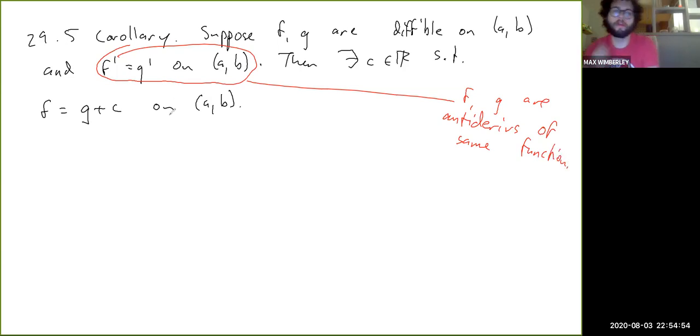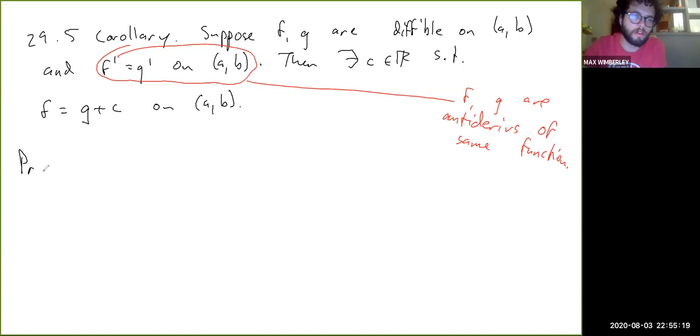We're just saying that any two antiderivatives of a function differ by a constant, right? That's why we use the plus C when we take indefinite integrals: it represents all of the possible antiderivatives of the function we started with, because any two of them only differ by a constant.